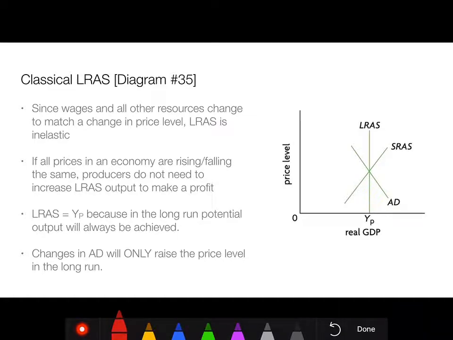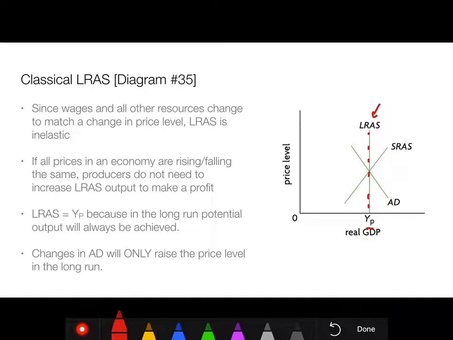Now, the difference from what we had done before is we add a vertical line at the potential output level called long-run aggregate supply. Since the wages and all other resources can change to match any price level in the economy, long-run aggregate supply is going to be perfectly inelastic. What's that mean?